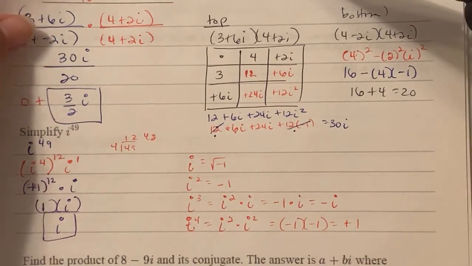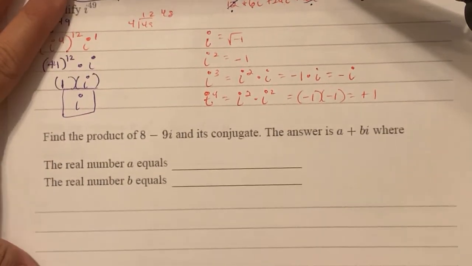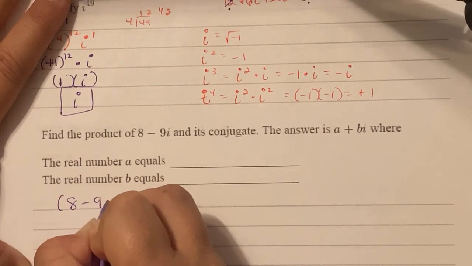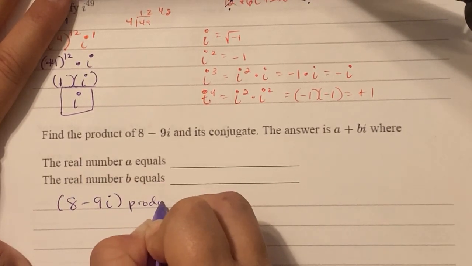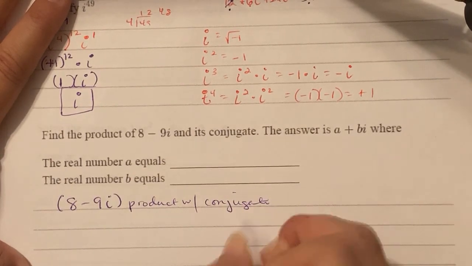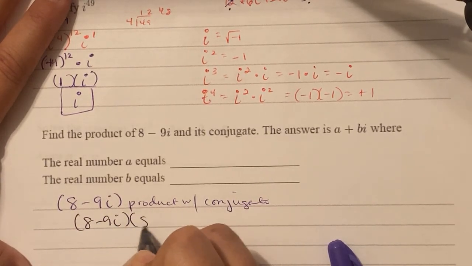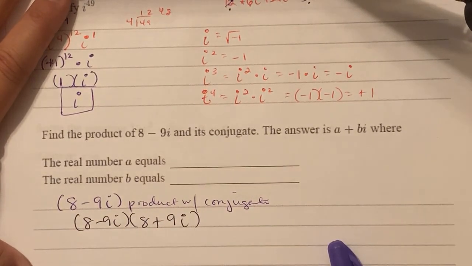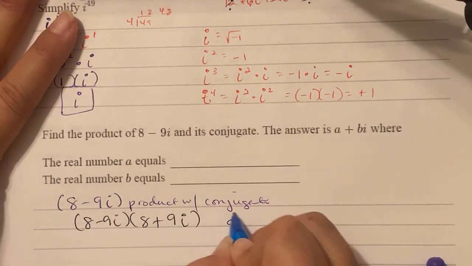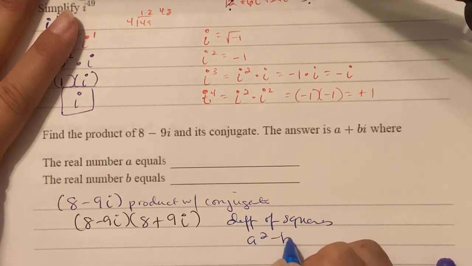Next example says, find the product of 8 minus 9i with its conjugate. They didn't tell you what the conjugate is. Remember, if they give you 8 minus 9i and want the product with its conjugate, they want you to do 8 minus 9i times 8 plus 9i. In this instance, we're using difference of squares, which is a squared minus b squared.